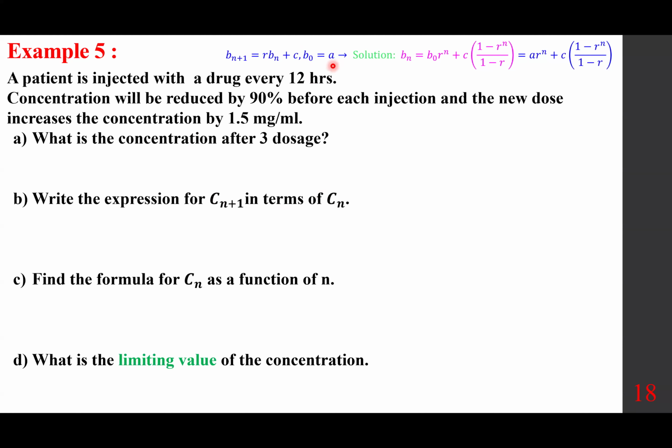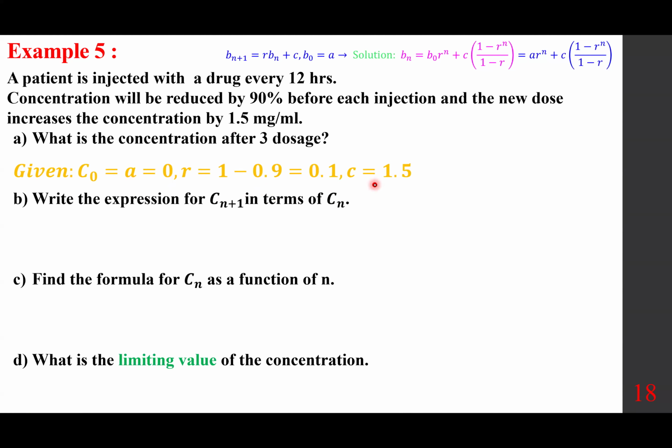What is R? Remember, concentration will be reduced by this much. So what is left in the body? 1 minus that, or 10% or 0.1. Then we need the lowercase c, the amount of constant every time increases by 1.5 milligrams per milliliter. So C sub 0 or A is 0. R is 1 minus 0.9 or 0.1. And lowercase c is the constant amount of 1.5 milligrams per milliliter.